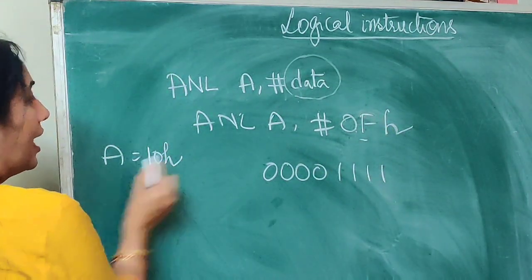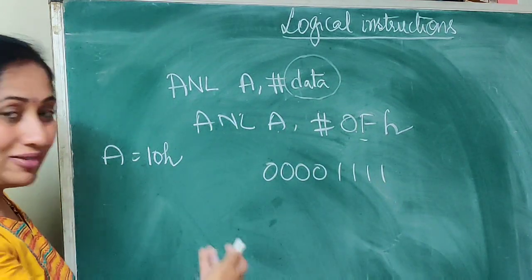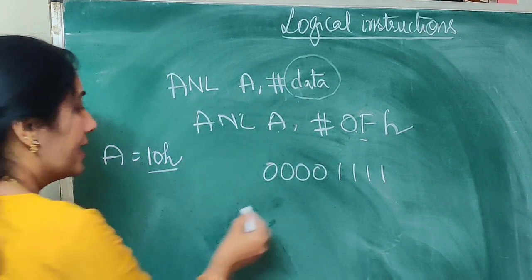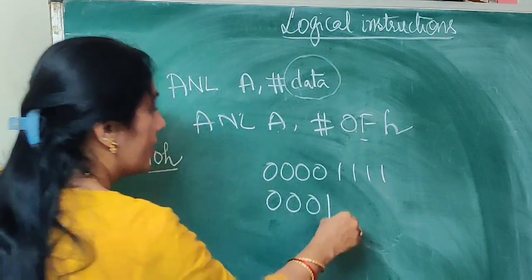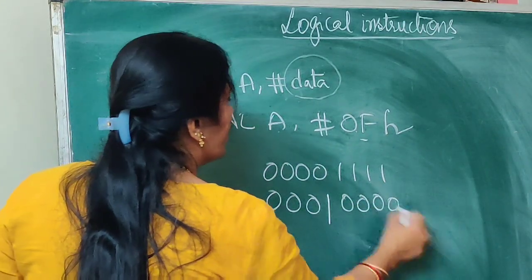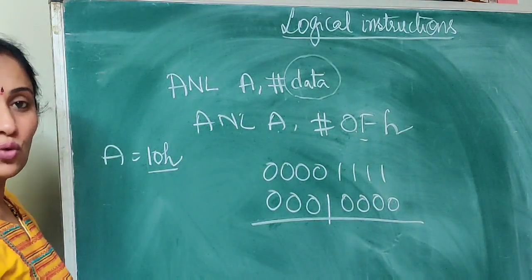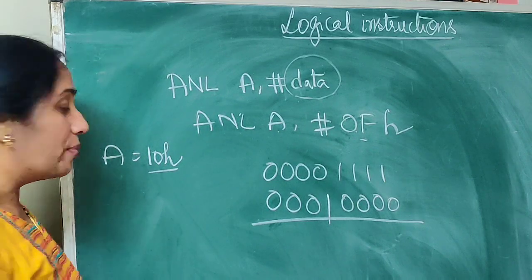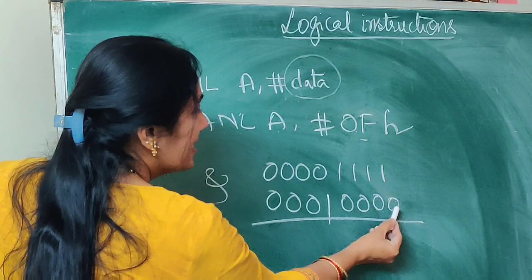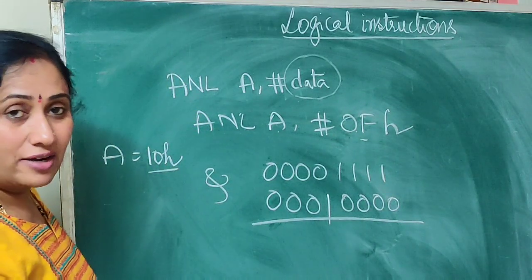Okay. Now the accumulator is preloaded with 10 hex. So let me write the equivalent binary for 10 hex. That is 0 0 0 1, this is 1, and 0 is equal to 0 0 0 0. So between these two 8-bit data, between these two bytes, the AND operation is going to be performed. One is ANDed with 0.